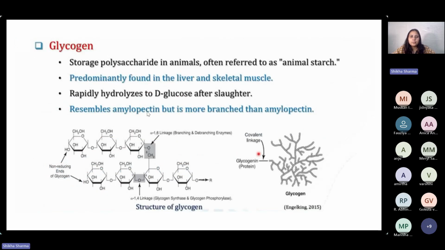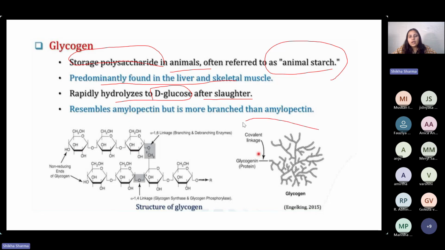Last is glycogen. Glycogen is the storage polysaccharide present in animals, so it is known as animal starch. Predominantly, it is found in the liver and skeletal muscles. It rapidly hydrolyzes to D-glucose after slaughtering.